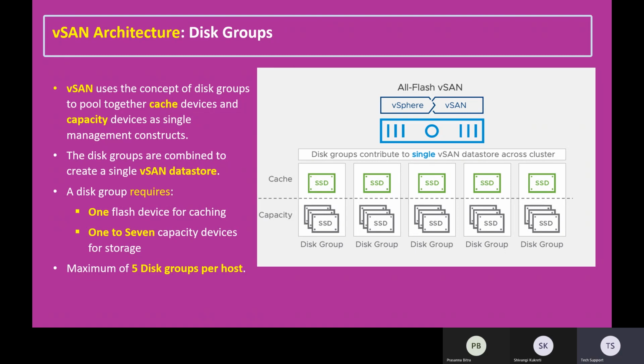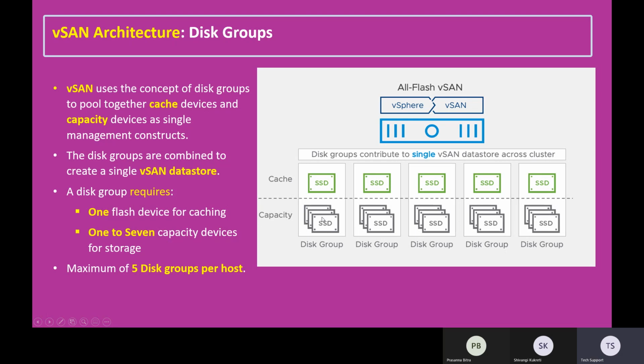Once we understand this, it's easy to understand the disk group designs point also. So this last point is important. Every disk group requires one flash device, that means one SSD drive for caching, and a minimum of one capacity drive.